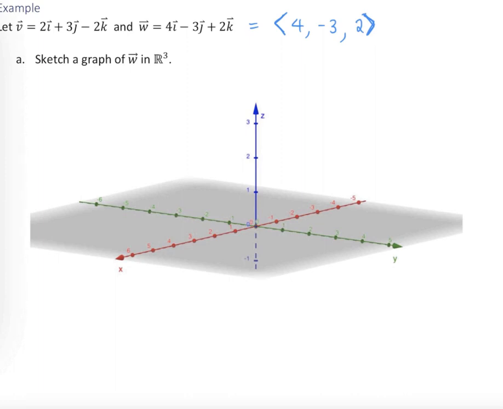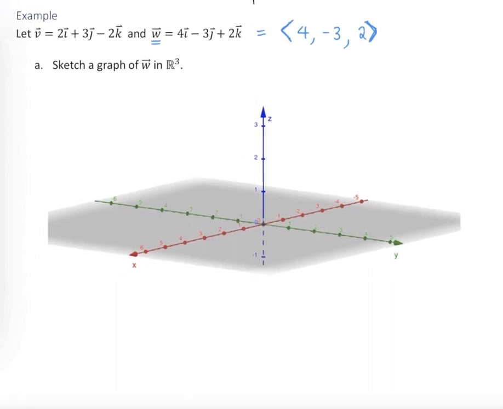We could also look at vector w as being created by adding 3 vectors together: a scalar multiple of i, a scalar multiple of j, and a scalar multiple of k. So let's look at these 3 vectors individually and think about what their sum would be. For i, it is in the direction of our i vector, but it's a scalar multiple of i, so it's going to stretch that i vector out by a scalar quantity of 4. So 4i is in the direction of i, but with a magnitude of 4.